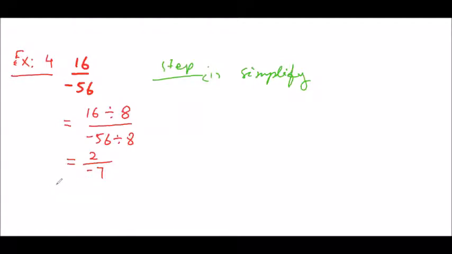Now second step. We will write it again and multiply it with -1. Okay, we can write it as, there are many ways, but you will multiply minus with the numerator as well as denominator. Now the answer will be -2 over +7.